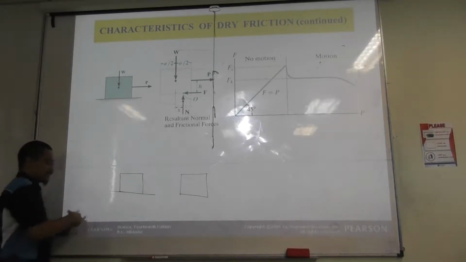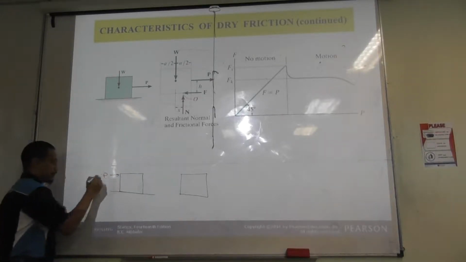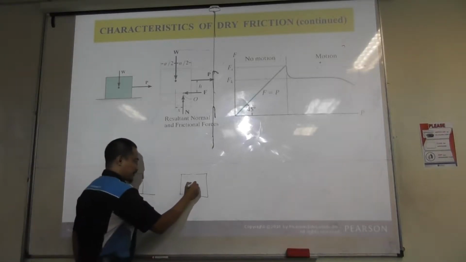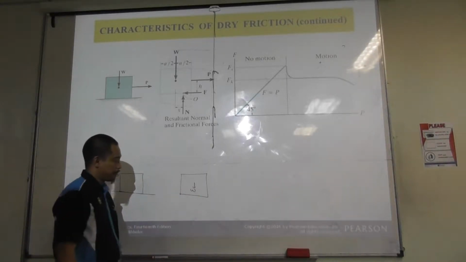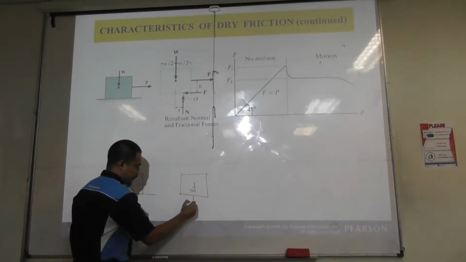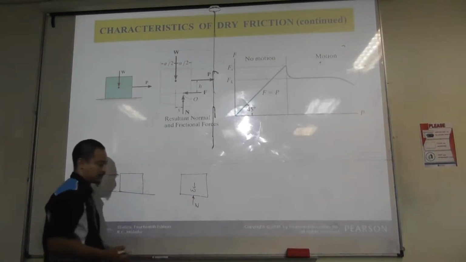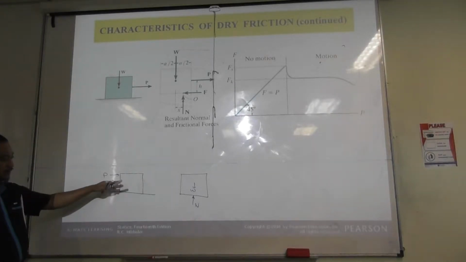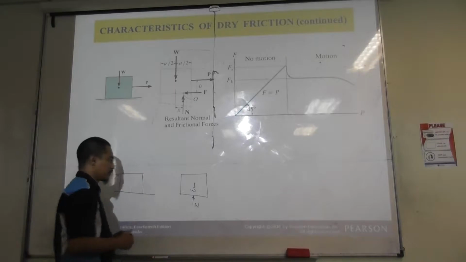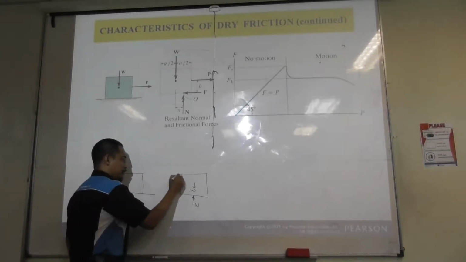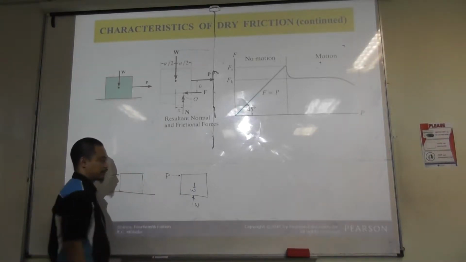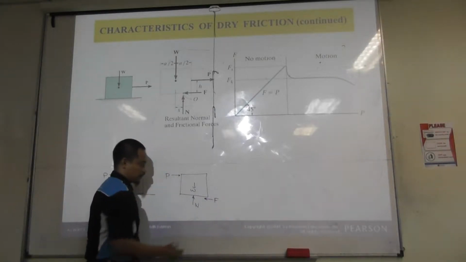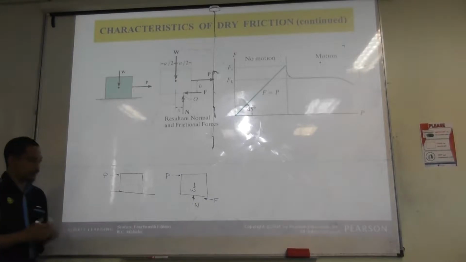In this case, let's say I push it in this way, with a force P. Of course, the box will have its own weight, and there will be a normal force countering the weight so that it will stay there. It doesn't go down because of the surface. And when you apply the force, then friction will be developed in the opposite direction. I think so much we understand.